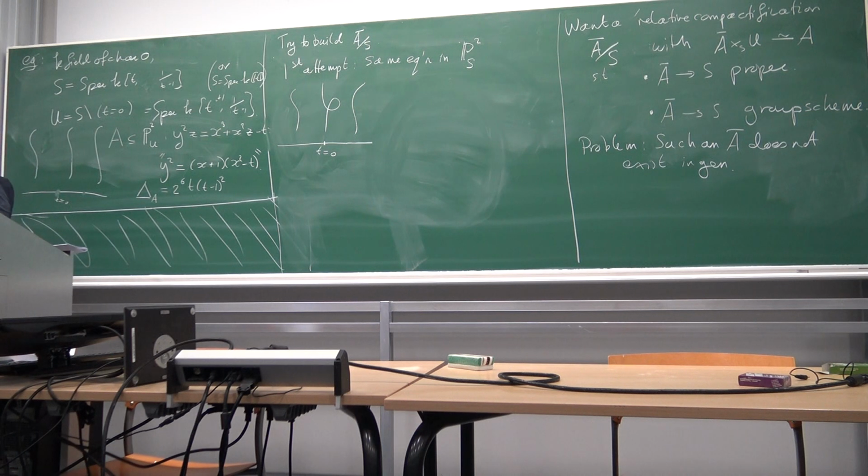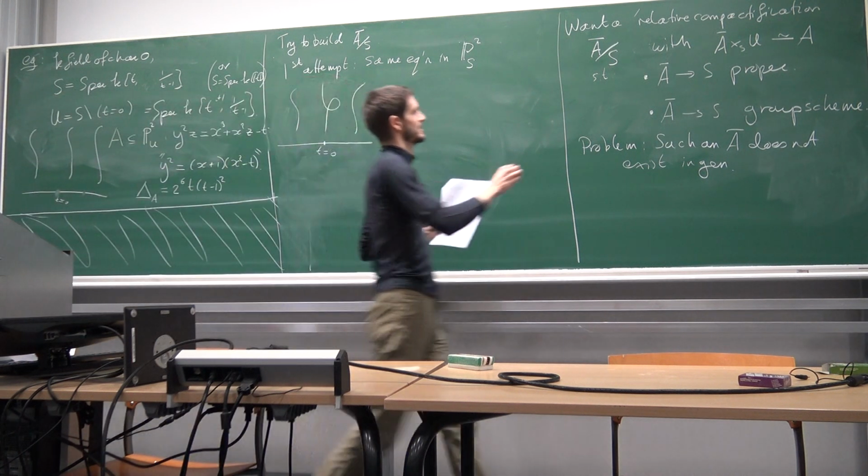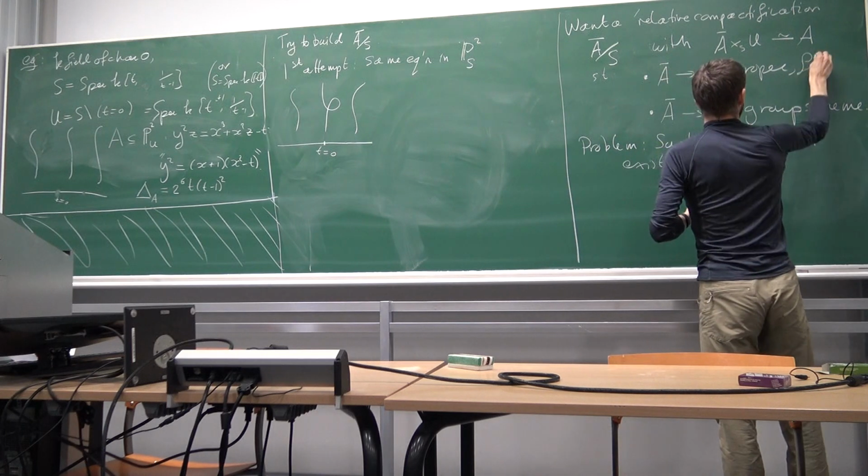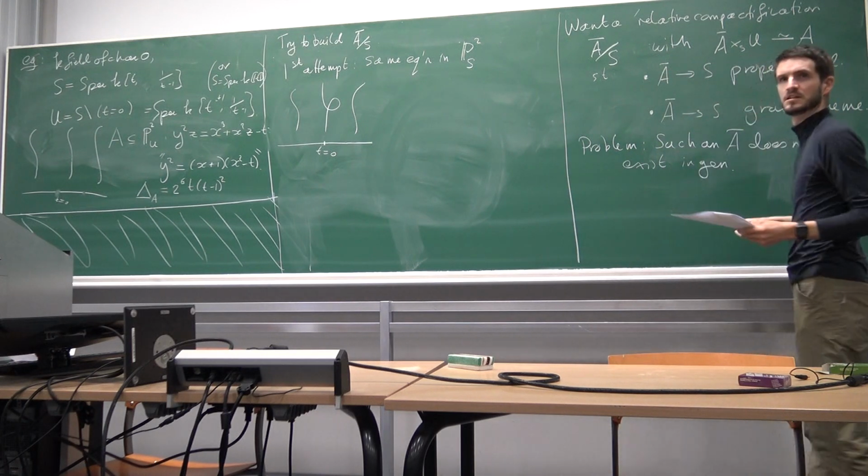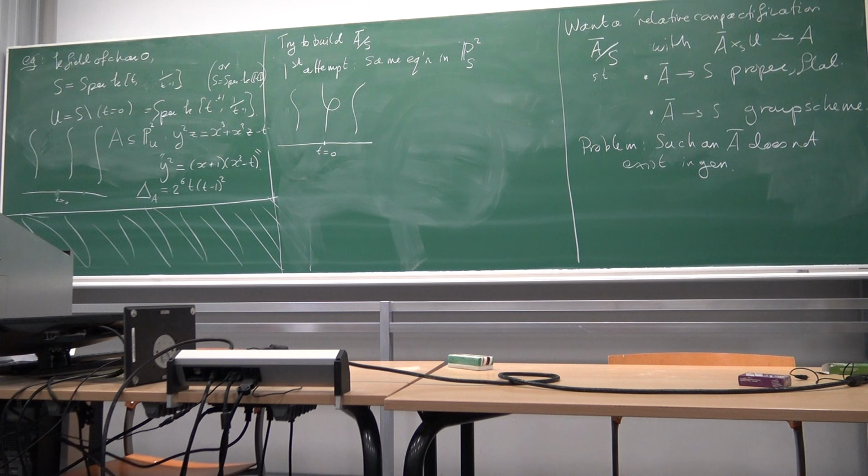For your adjectives, are you always including flat? Probably a good idea. I don't think I've said anything false, but it's probably a good thing to do. Are group schemes going to be flat already? No, I don't think so.